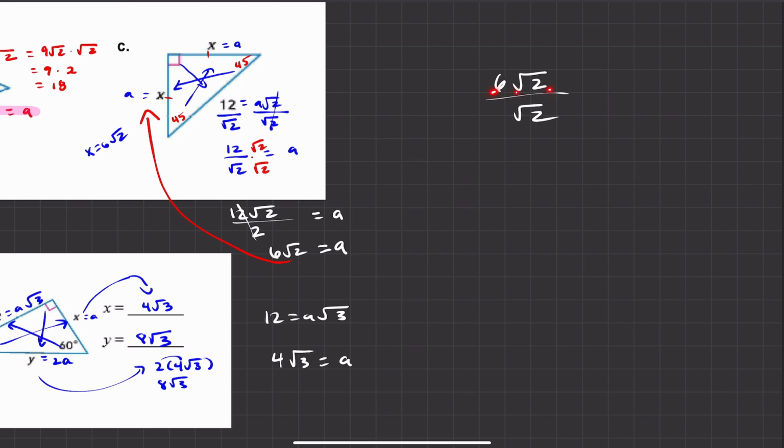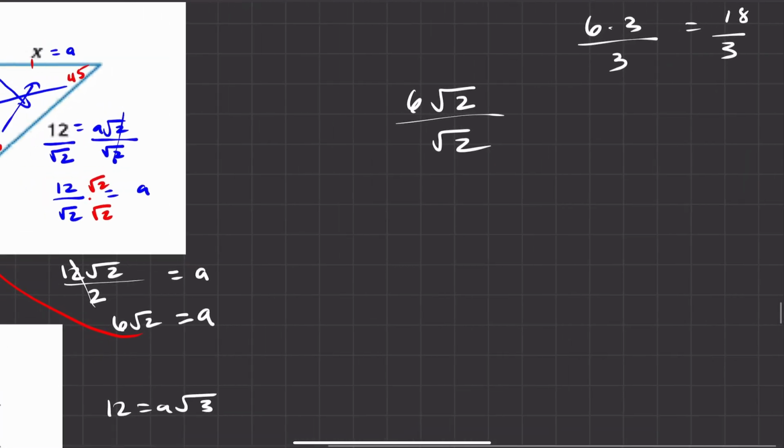Well, I have 6 times root 2 divided by root 2. It's just like saying 6 times 3 all over 3. 6 times 3 is 18, divided by 3 is 6, right?